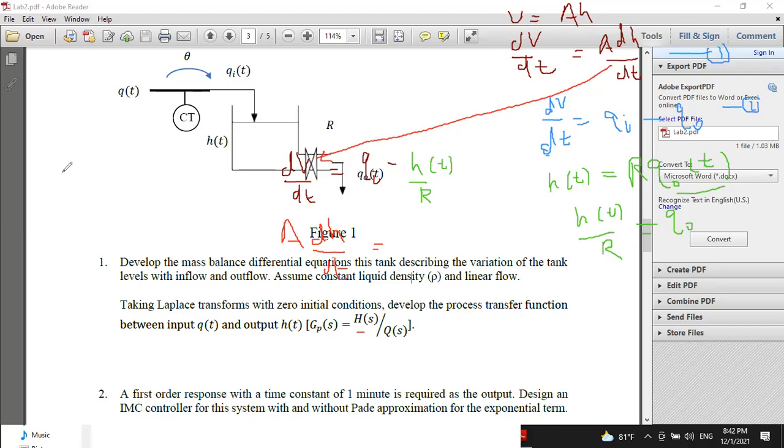I'll write here. A dh over dt equal to qi minus h(t) over R.